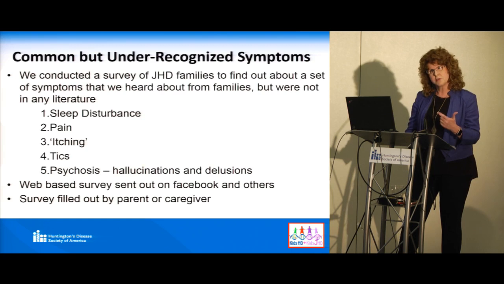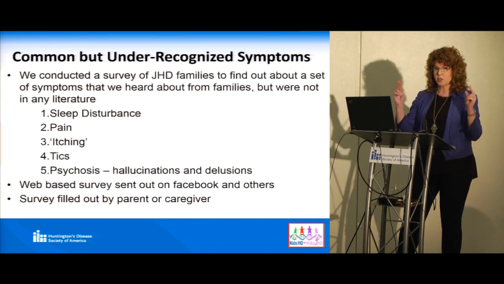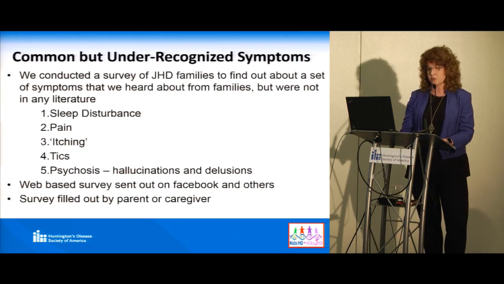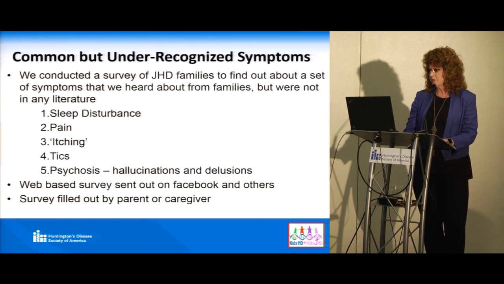So these are the symptoms that we identified: sleep disturbance, pain, itching, which is in quotation marks, so I'll talk about that more, tics, and then psychosis, which is hallucinations and delusions. So we sent out a web-based survey on those sites that I'd mentioned, Facebook and others, and then the parents or the caregiver filled out that survey.